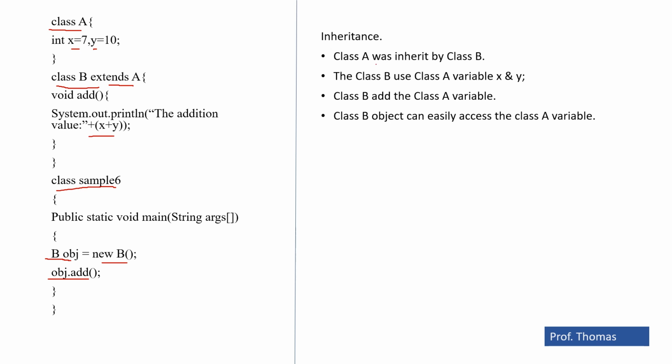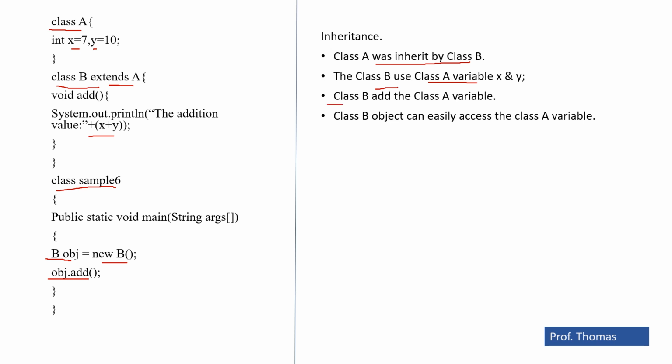Class A is inherited by class B. Class B uses the class A variables x and y because we inherited with the extends keyword. If not, we cannot use x and y.